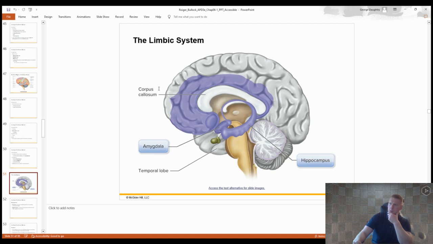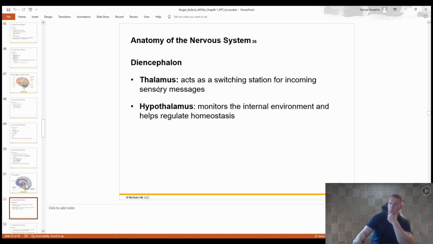All right. So I don't want to get too much out of my depth, but again, here's each portion of the limbic system. Amygdala and hippocampus are really the only ones you got to know there. All right. The diencephalon ultimately is composed of the thalamus and the hypothalamus. The thalamus acts as a switching station for incoming sensory messengers, right?